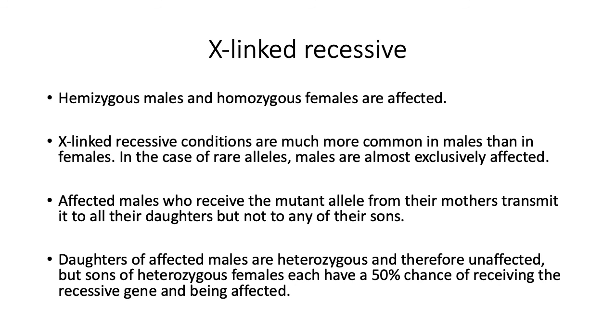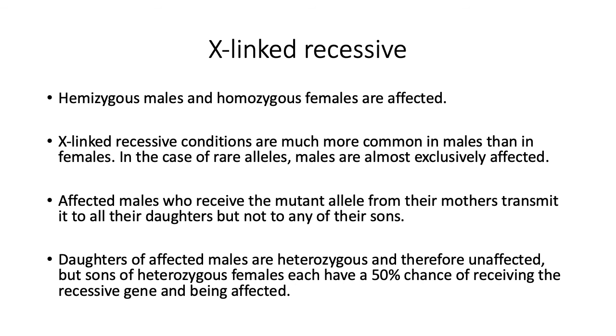All right, let's look at X-linked recessive. Basically, the characteristic or the disease is inherited through a recessive trait. So that means that as a female, I have to have 2 recessive genes, one coming from my mom and one coming from my dad.